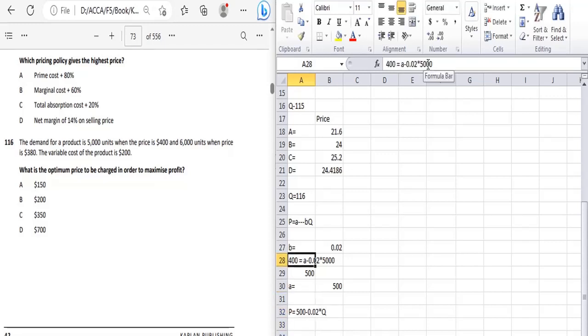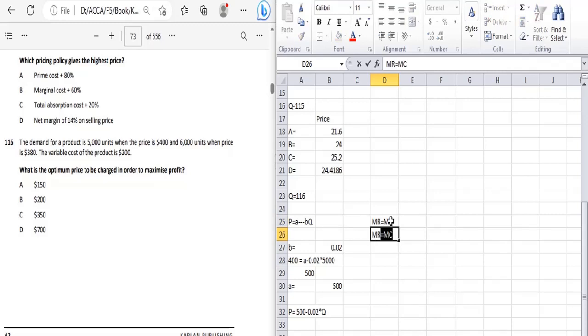Now the question says to find the optimum price. In order to maximize the profit, MR should be equal to MC.